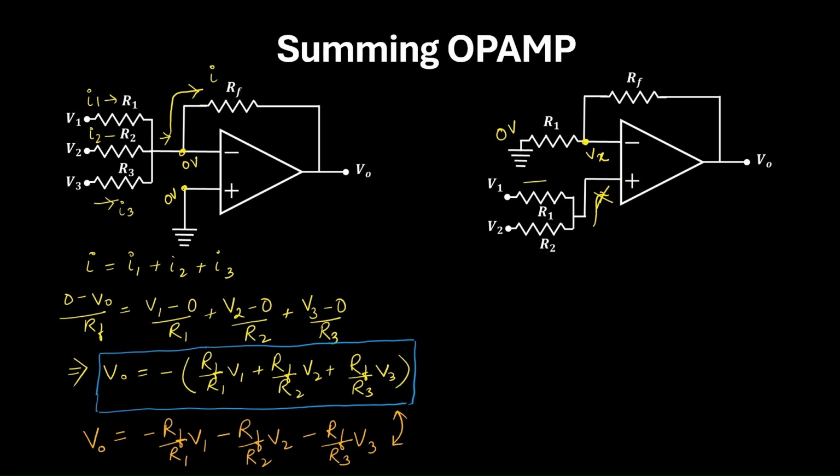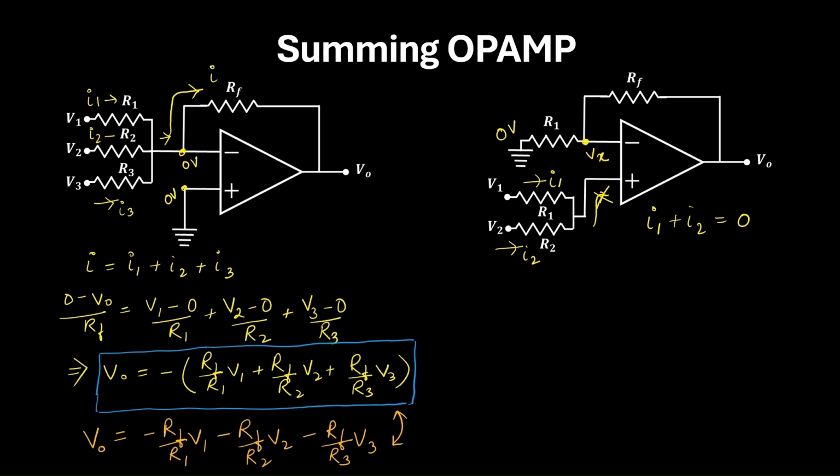So if the current flowing here is I1, and the current flowing here is I2, then since the current is not going into the op-amp through the non-inverting terminal, I1 plus I2 should be equal to 0. Now suppose if there are three terminals, then it will be I1 plus I2 plus I3 equals 0.